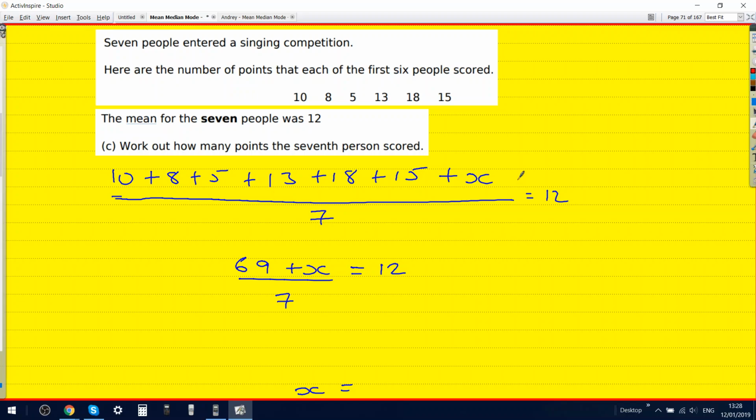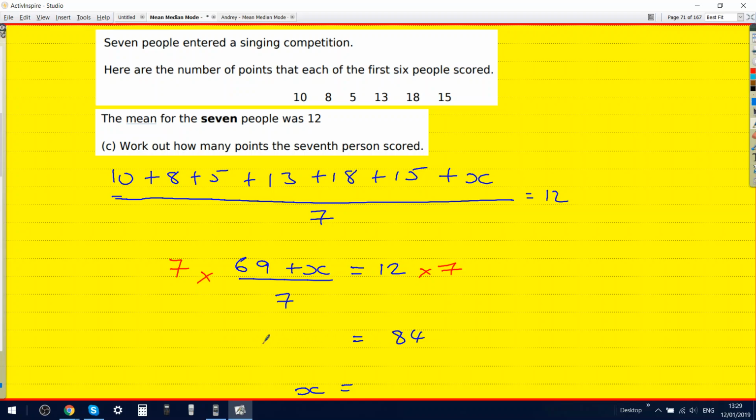How would you do that? I don't know. Times both sides by 7. Oh yeah. Okay. So 12 times 7 is 84. Yeah. And what's on the left side?